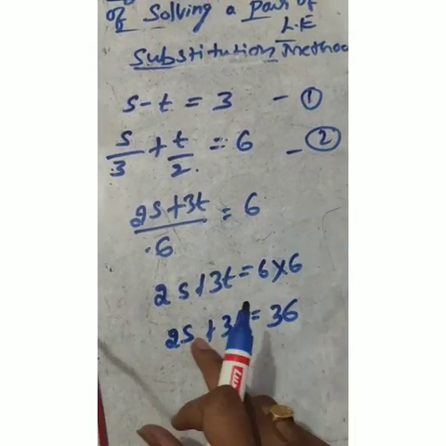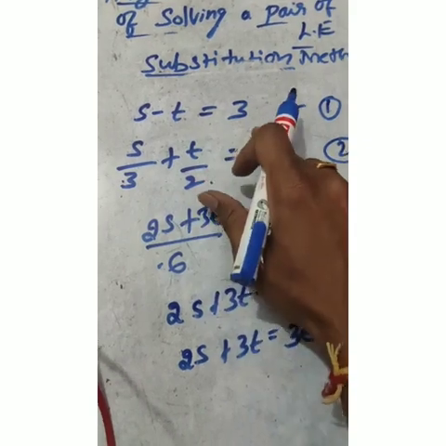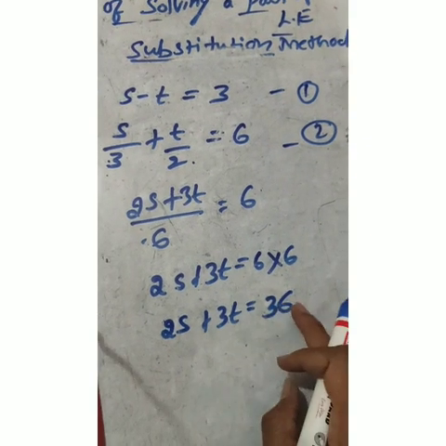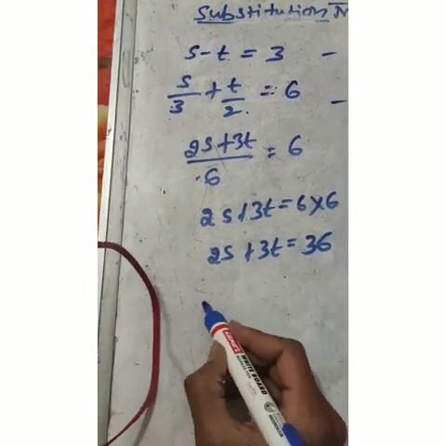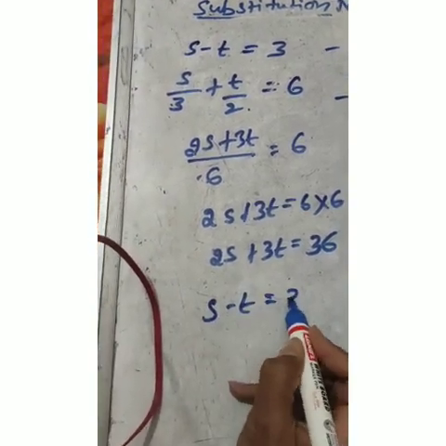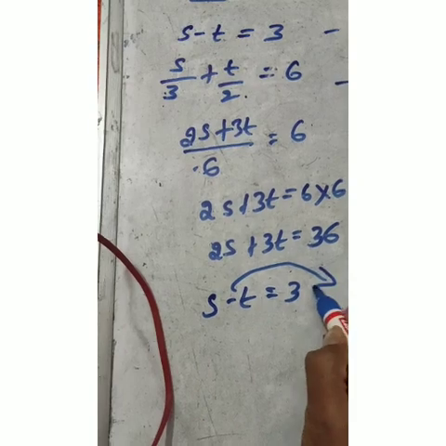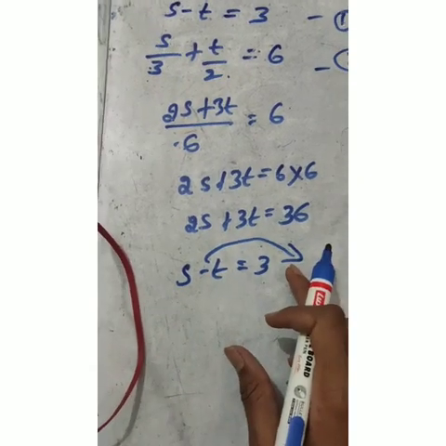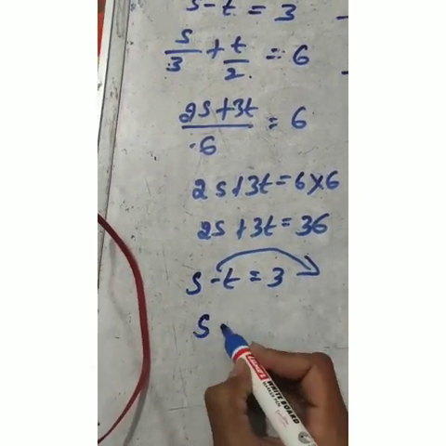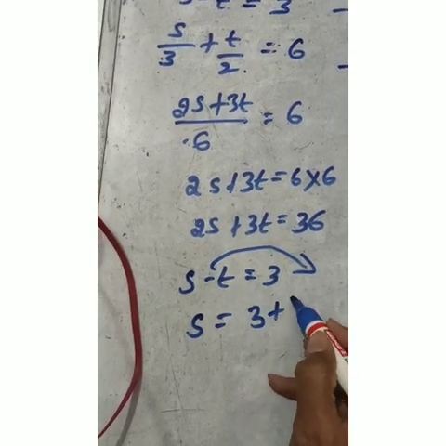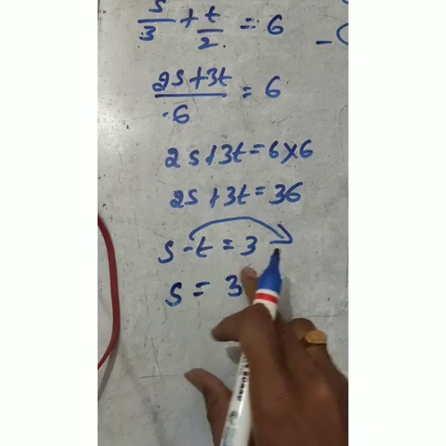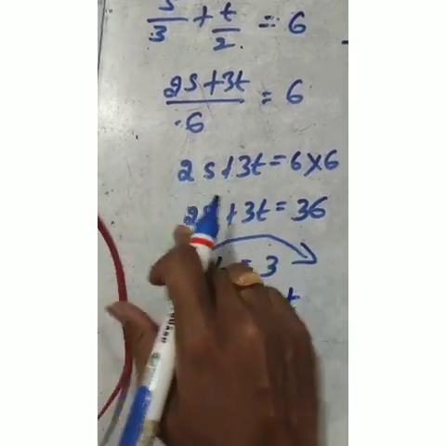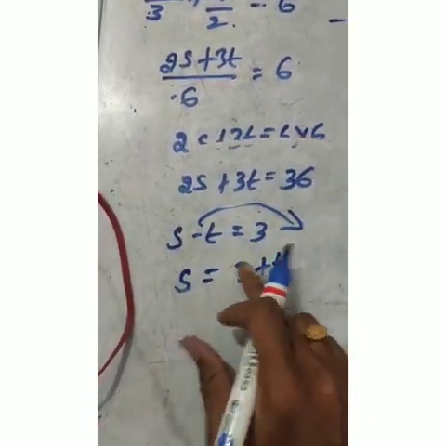Next we have two equations: s minus t is 3, 2s plus 3t is equal to 36. We go with the first equation: s minus t is equal to 3. Minus t comes to the RHS, it becomes positive. s is equal to 3 plus t. In the place of s in the other equation, I can substitute 3 plus t.